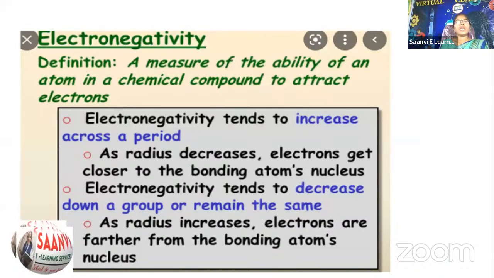Electronegativity. Electronegativity is related to chemical compounds, for example NaCl or HCl. For these compounds, individually H is hydrogen and Cl is chlorine.